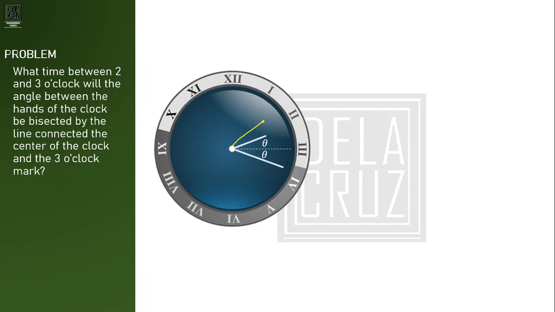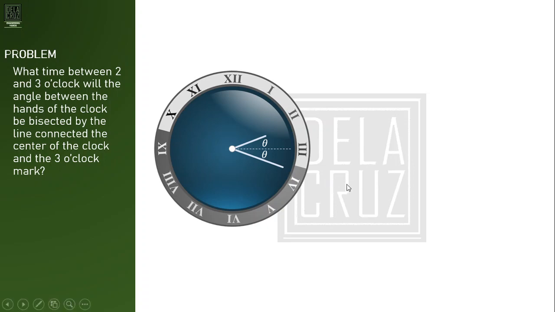Because if nangyari andito na siya, then ito yung angle theta natin, dapat yung ating longhand is somewhere here din, no? Dapat theta rin siya. Since specific sa problem that the time is in between 2 and 3 o'clock, then yung ating shorthand is between them lang talaga. So dapat kung ano yung angle of inclination of this one, theta, is the same angle of inclination of this one. But pa-downward nga lang siya. Okay?